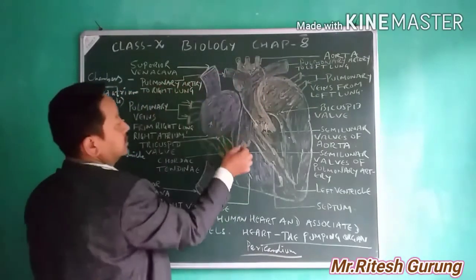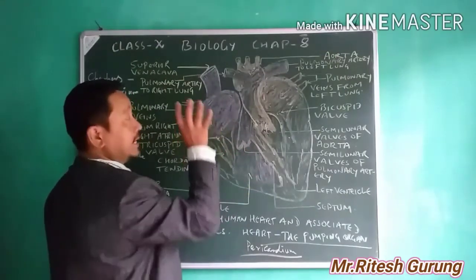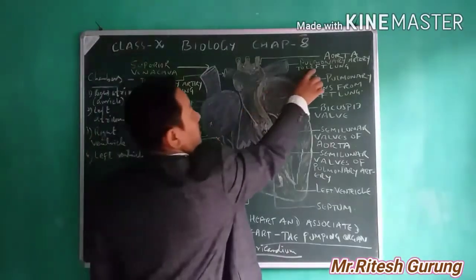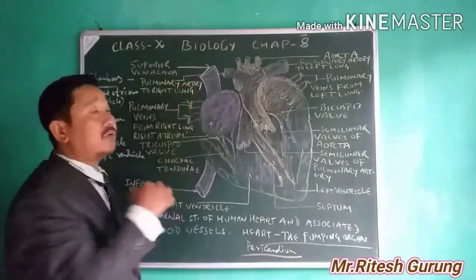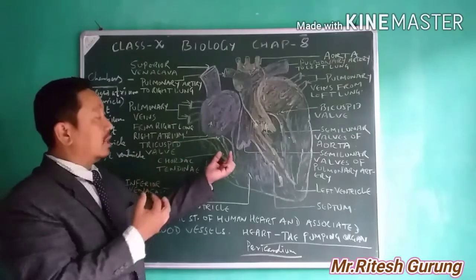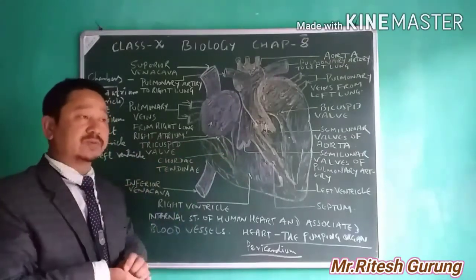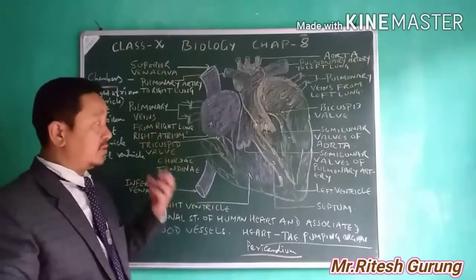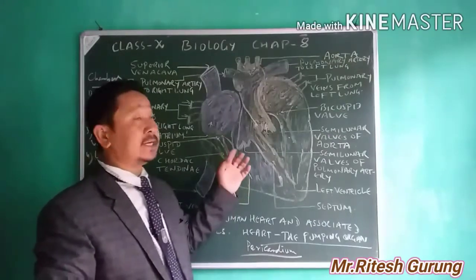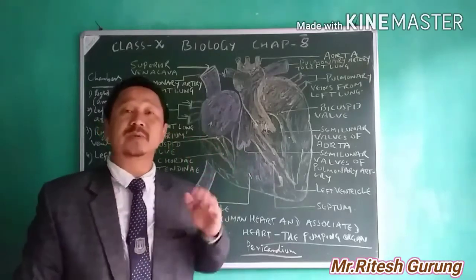That means your right ventricle will send the impure blood to the left lung and the right lung for purification, because the blood collected here is impure and has to be purified. That purification will take place in the lungs.